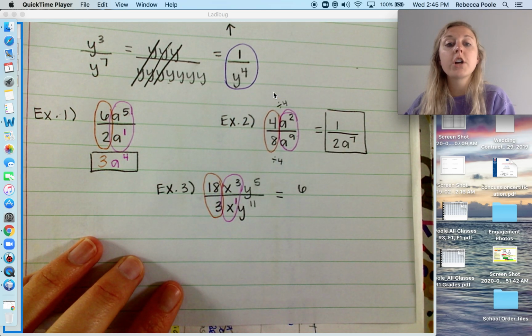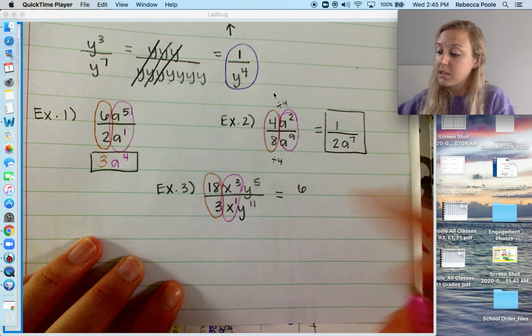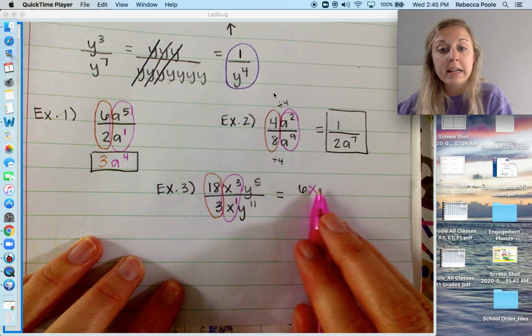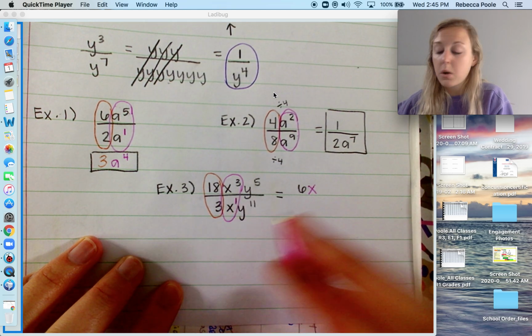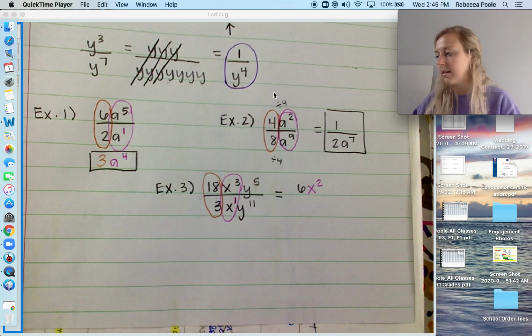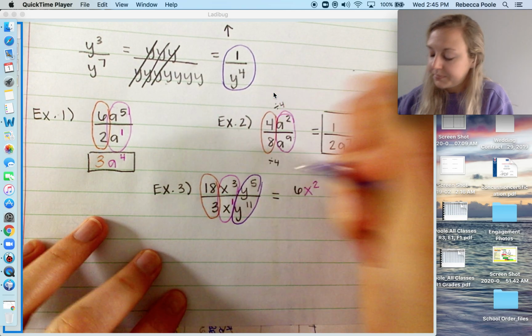So where are your x's larger? X to the third is bigger, right? So my bigger exponent is 3, which means my x's will remain in the top, and 3 take away 1 is 2.